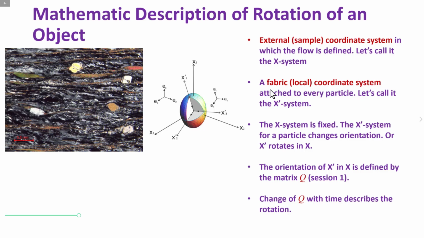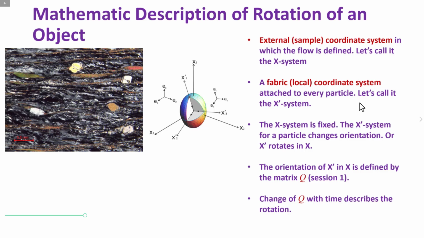Another coordinate system is defined by the shape of the fabric element. If you imagine a little porphyroclastic feldspar as an ellipsoid, the three principal axes of the ellipsoid define the fabric orientation. It's a fabric coordinate system.